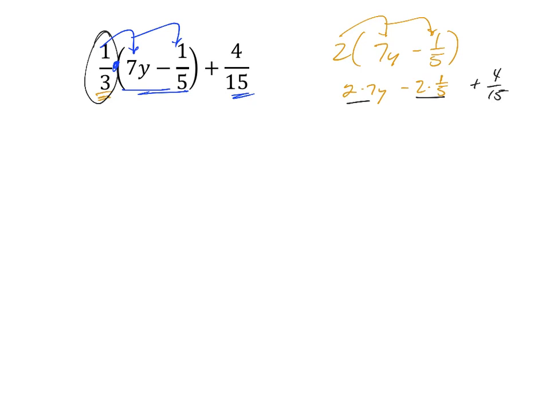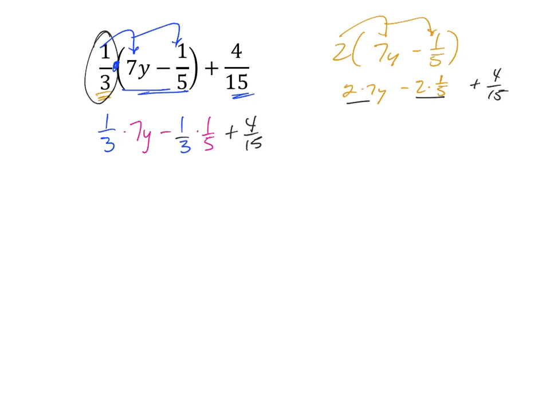So now we're going to distribute this, so we're going to have 1/3 times 7y minus 1/3 times 1/5, and then we're going to have plus 4/15.